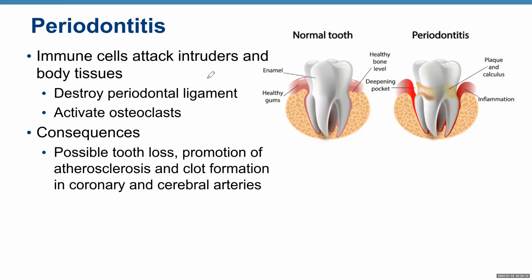Periodontitis is an immune disease when immune cells attack your own body tissues and destroy the periodontal ligament and activate osteoclasts. And osteoclasts dissolve the bone, and so dissolve the sockets where your teeth are located.